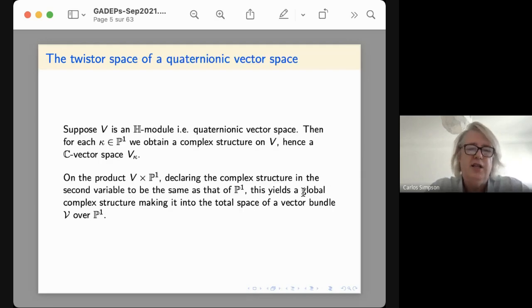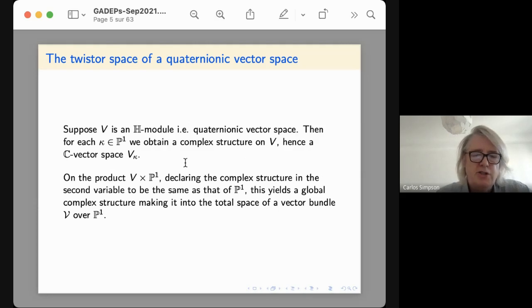Now let's explain that in the first case, where suppose we just have a quaternionic vector space, which is to say a module over the quaternions. If you have a quaternionic vector space, then for every complex structure on the quaternions, in other words, an x times i plus y times j plus z times k, the action of that element on the vector space gives a complex structure on the real vector space V. So we get a complex vector space which we denote V kappa.